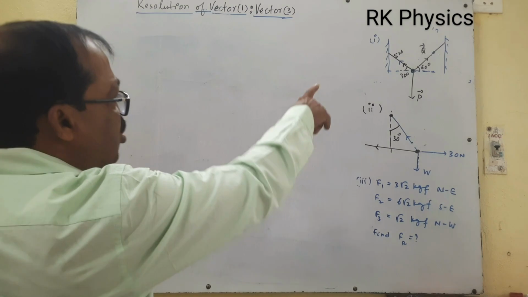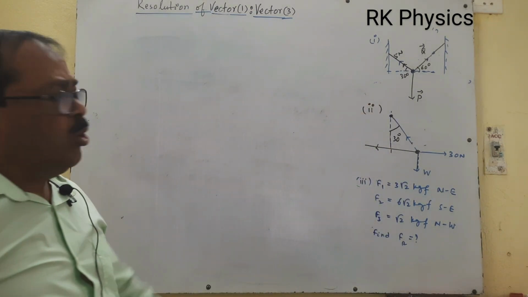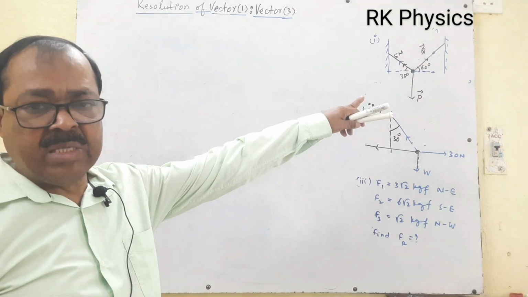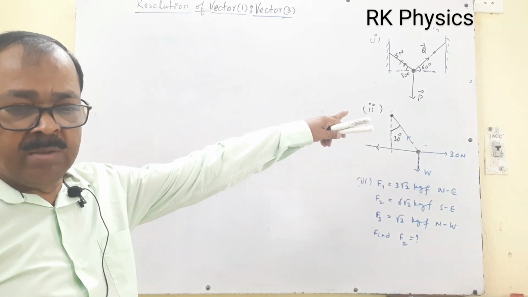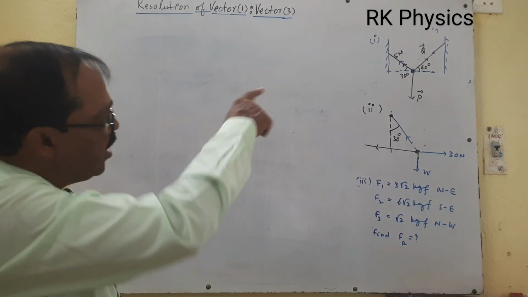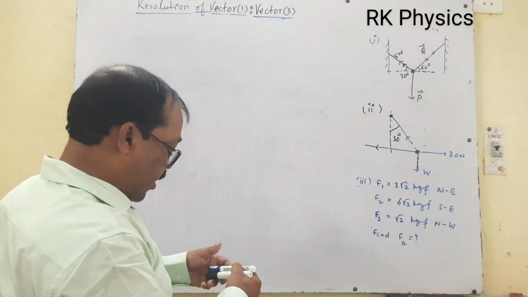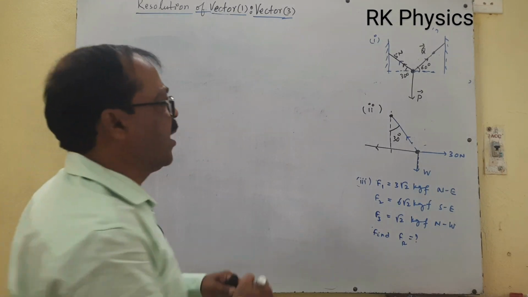Now let us solve this first figure, application 1. We have solved exactly the same figure in video 2, vector 2, with the help of Lami's theorem, but here you will solve this with the help of rectangular components of vector, meaning resolution of vector.